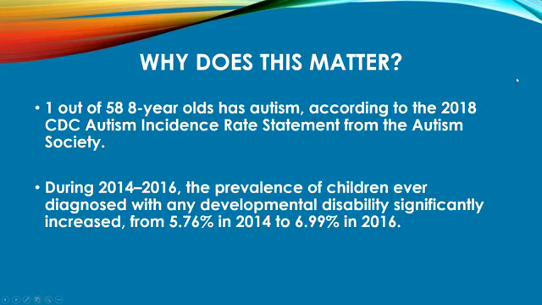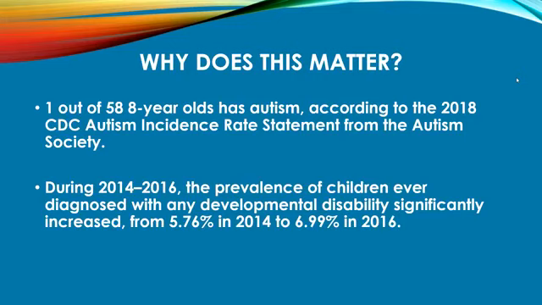So, obviously, if you're here and you're still watching, you probably know why this matters, but just a couple key statistics that really just drive this home. One out of 58 8-year-olds has autism, according to the 2018 CDC autism incidence rate statement from Autism Society.